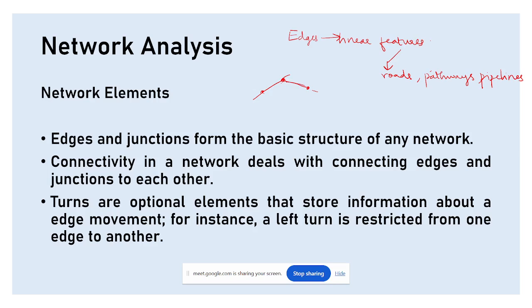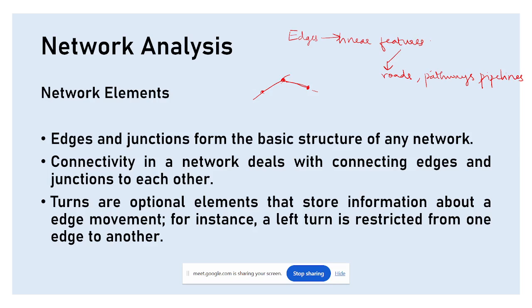So this is the edge, and that is connecting two nodes or junctions. And they have attributes like length, direction, all such things in the attribute table. You can talk about their length or the direction they are in, or at times, in the time aspect, you can even talk about the travel time.